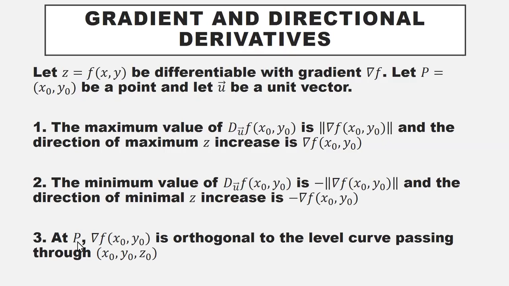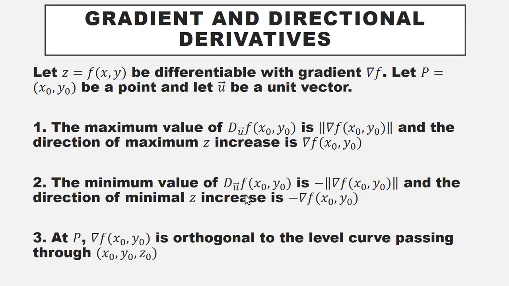So at the point P, the gradient is going to be orthogonal to the level curve passing through x0, y0, z0. Z0 is just the z value of the function when I plug in x0, y0. That's what I mean by z0. Okay. So we get a maximum value of the directional derivative in the direction of the gradient.